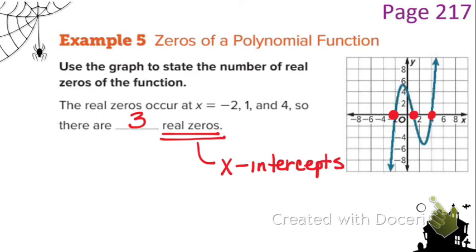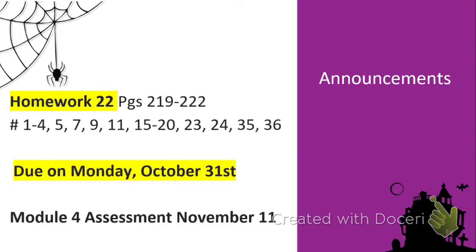So now let's go back to your homework. And I want you to look at numbers 15 through 20. So you should have over half of this homework already done. The only thing you have to tell me is how many real zeros each one has. Looking at the graph, how many times does each one cross through the x-axis?